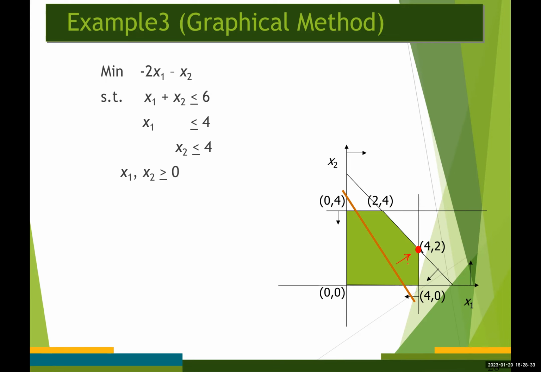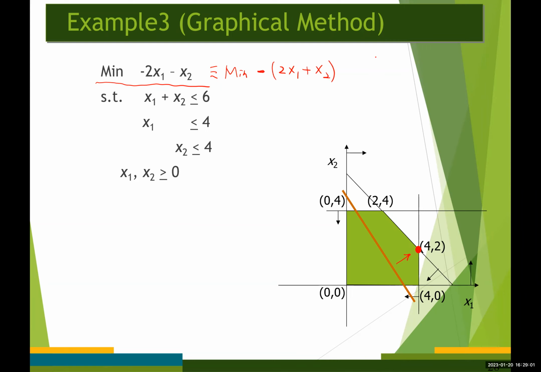And okay, just one small thing I want to mention is right now, our objective function is minimizing negative 2x1 minus x2, right? So this is identical to minimizing, I take out negative sign, then we have 2x1 plus x2, right?